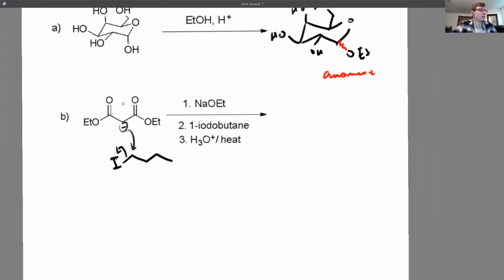So I can't remember what these do, so you guys will have to help. So this is malonic ester, which is a quick way of making substituted what? So remember that this has a carboxylic acid product, and that's what the H3O plus heat does.